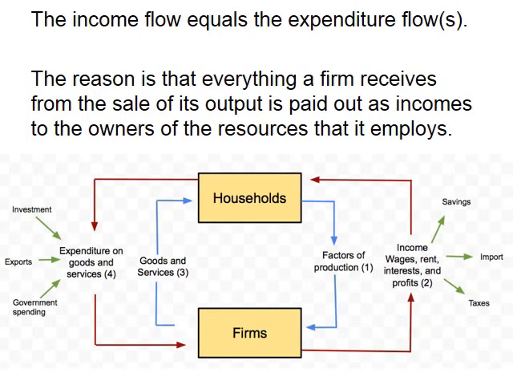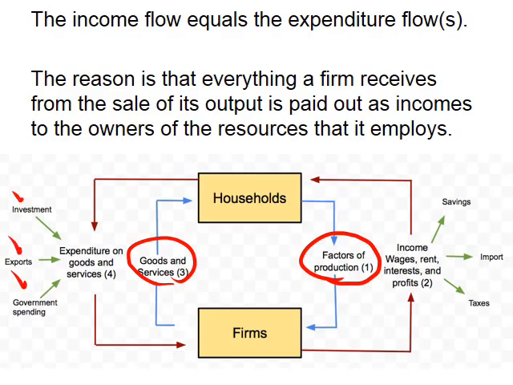So this is another sort of model of the households and firms. We had the goods and services flowing from firms, and the factors of production flowing from households to the firms. But we know that we had the expenditures on goods and services coming from households, but also from investment, from exports and government spending.